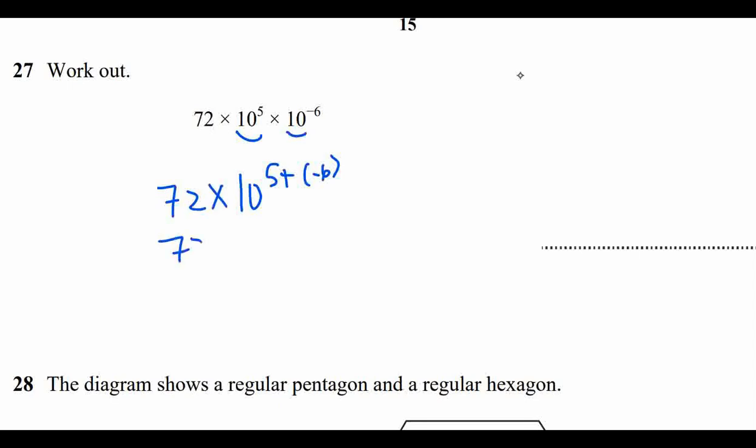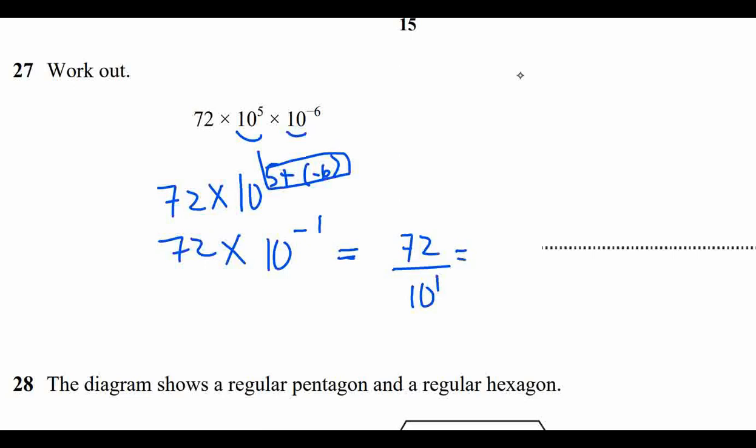So 72 times 10 to the power of negative 1, which is 72 over 10 to the power of 1. It will be 7.2. That will be the answer.